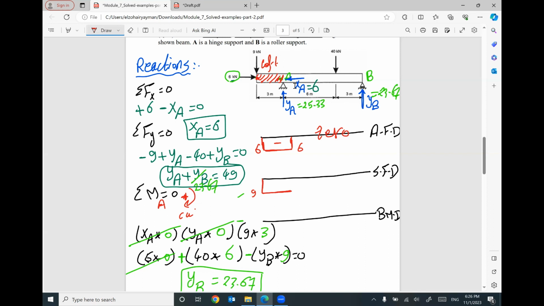So if you go there up, yes. Keep in your mind, we are not given other forces. That means your reaction will only follow the given force 6 kilonewton. That makes sense?